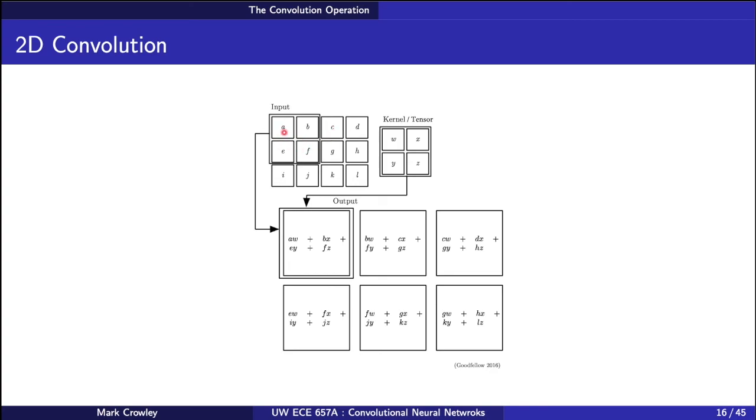So for every pixel, A, B, E, and F, we multiply it by the weight in that filter, and we get this one value, right? And so if here we have input pixels A to L, these are the inputs. For every one of these, we're going to get a new value.